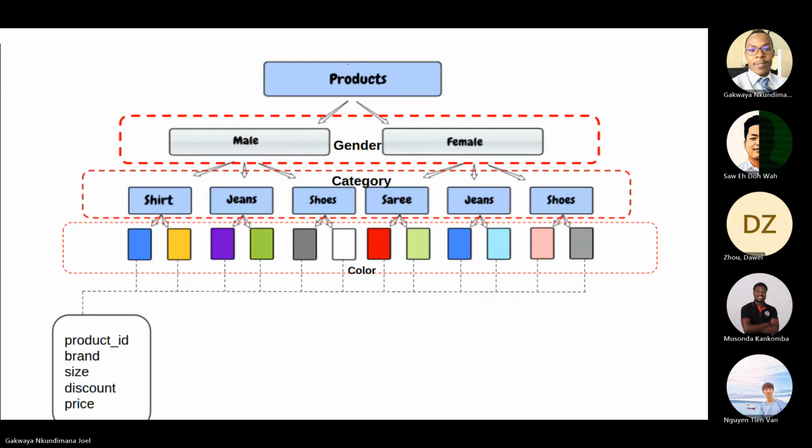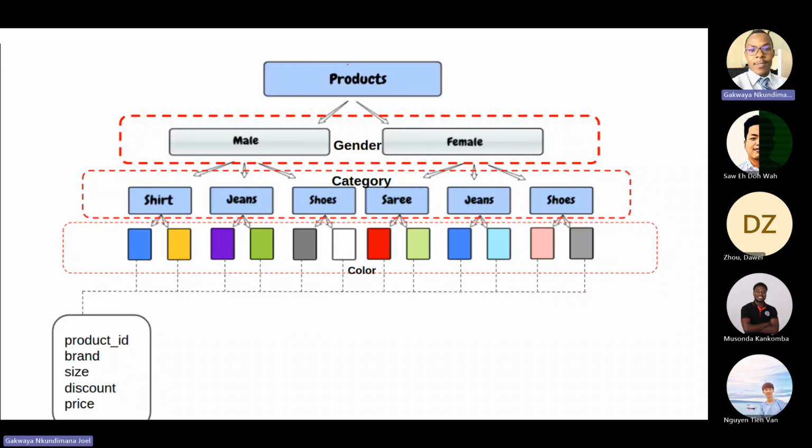Table. Product is a table. Male and female are what? Columns. Excellent. Now shirt, jeans, shoes: you can consider them also as columns which you create.